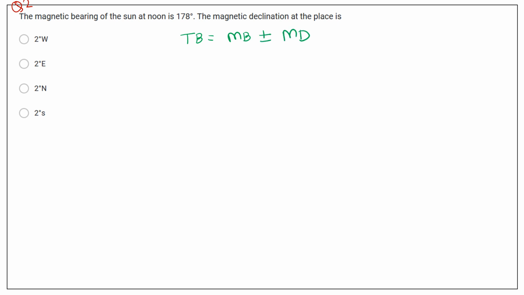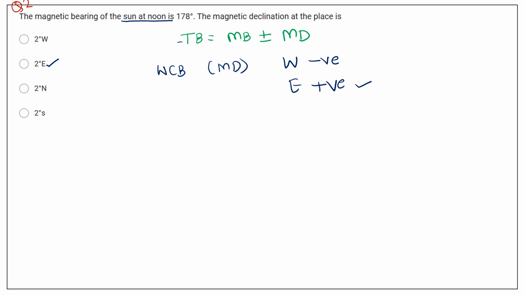Okay, so here in case of whole circle bearing, magnetic declination for west take negative, for east take positive. Here they mentioned sun at noon means west. Okay, so the answer is positive, means the answer is in east. Okay, option number second, this is your answer.